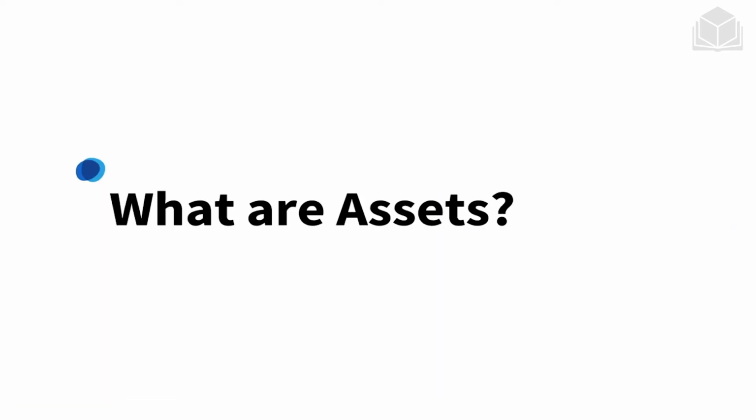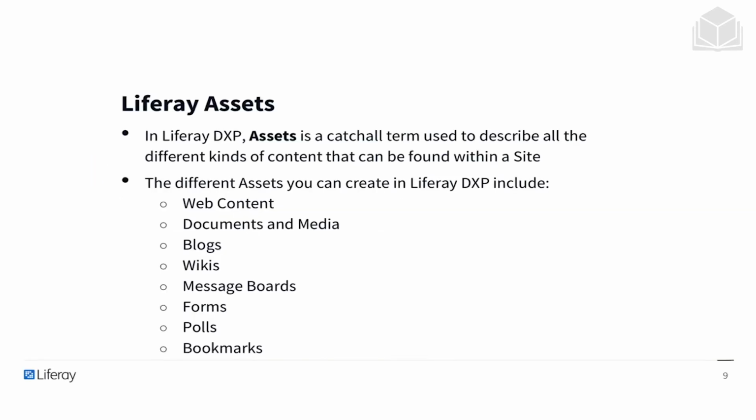Before talking about how we can accomplish these tasks, let's discuss what assets are. In Liferay DXP, assets describe different kinds of content that can be found within a site. Some assets that can be created in Liferay DXP include web content, documents and media, blogs, wikis, message boards, forms, polls, and bookmarks.